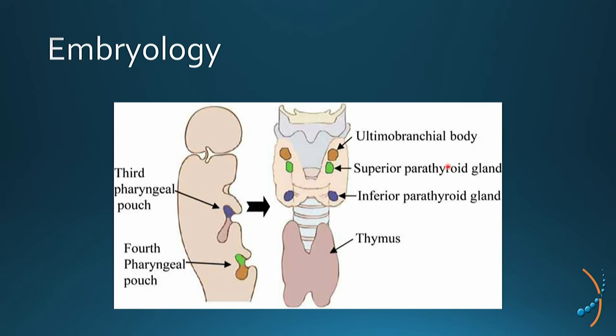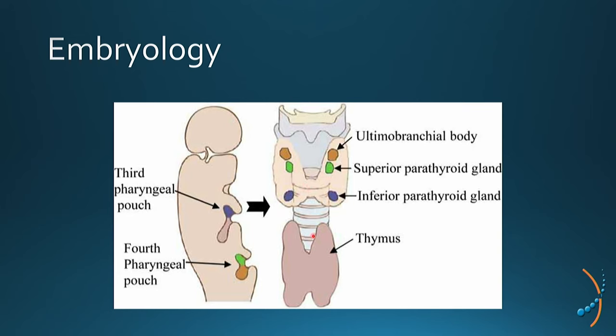As with the thyroid, an understanding of the embryological development of the parathyroid glands facilitates localization of some of the normal anatomical variants affecting these glands. The inferior parathyroid glands develop from the dorsal aspect of the third pharyngeal pouch, with the thymus developing from its ventral aspect.